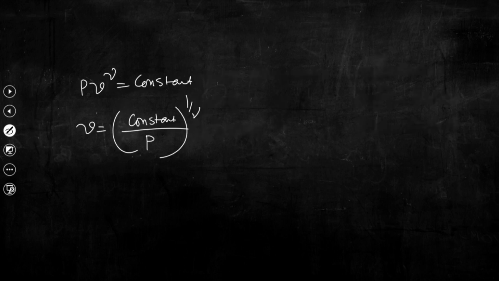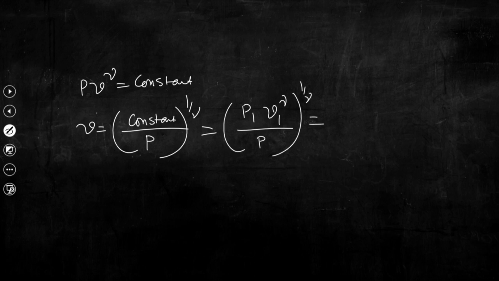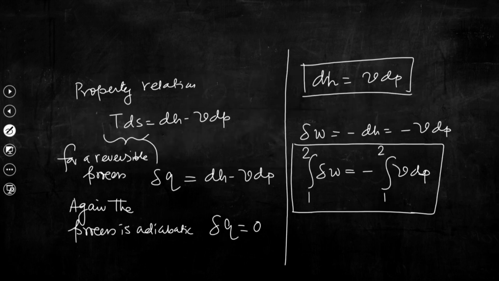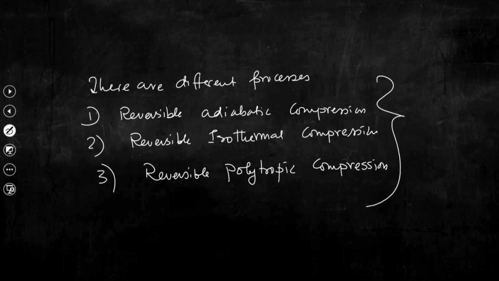So, PV to the power gamma equal to constant. You know that V equals constant by P to the power 1 by gamma, and this constant equals P1 V1 to the power gamma divided by P to the power 1 upon gamma, or it may be P2 V2 to the power gamma by P to the power 1 upon gamma, because the constant is either P1 V1 to the power gamma or P2 V2 to the power gamma. We are considering the process from 1 to 2, right.